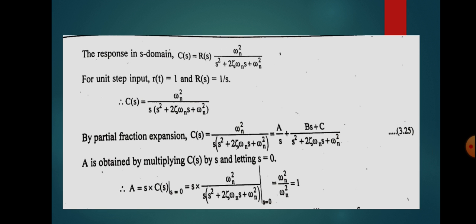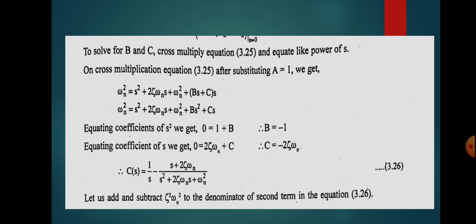Here the denominator terms cancel out from left and right side, so only numerator terms will be there, and we can equate the coefficient terms. We know that the coefficient of s square on the right side will be equal to 1 plus B, and on the left side it will be equal to 0. So B will be equal to minus 1.